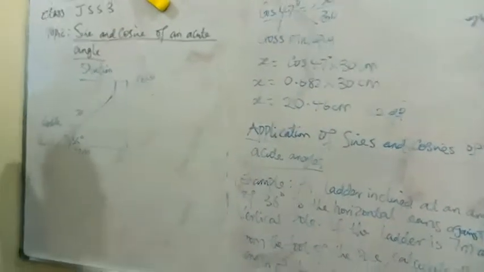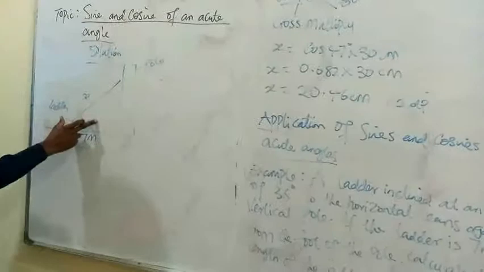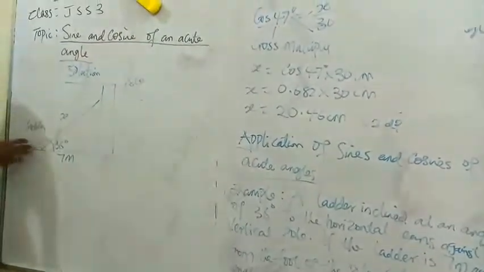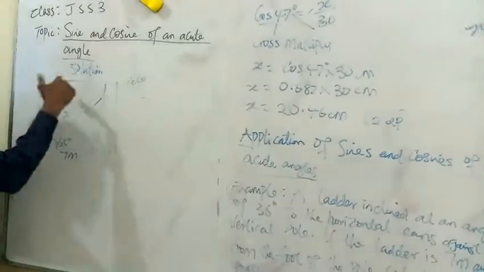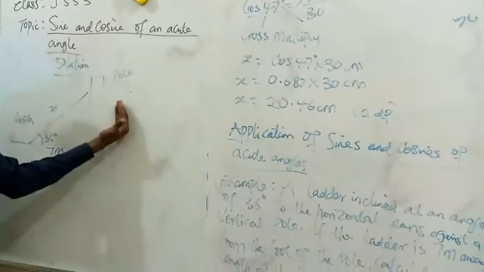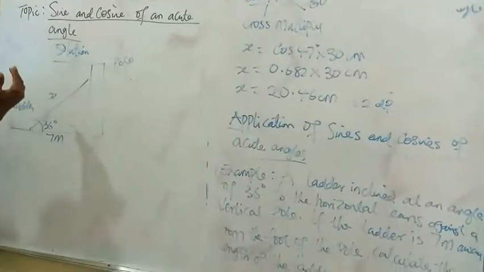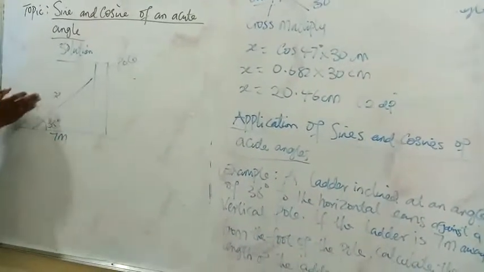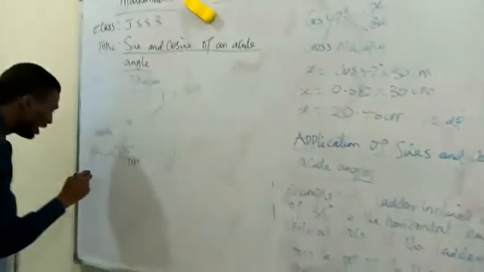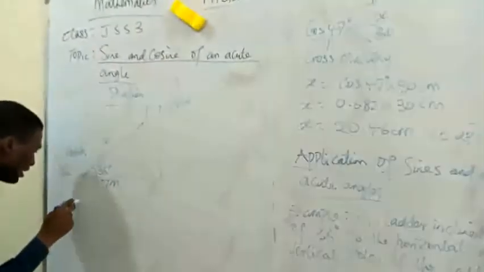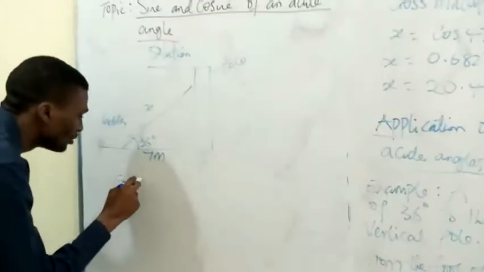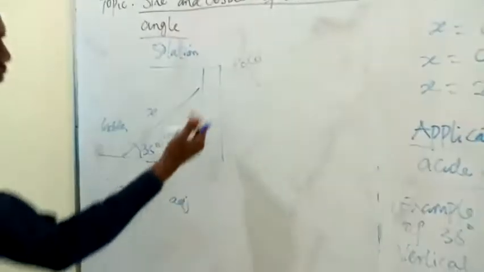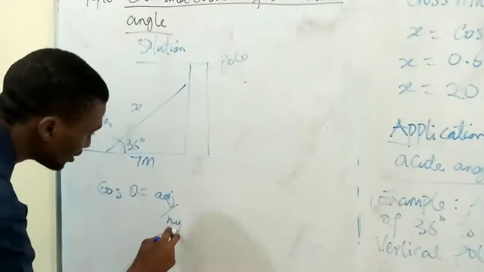Using our SOHCAHTOA, sine 36 will be opposite over hypotenuse. This side is opposite, so we cannot use sine, because we are interested in the hypotenuse, which is x. Cos theta, as we know, is adjacent over hypotenuse.